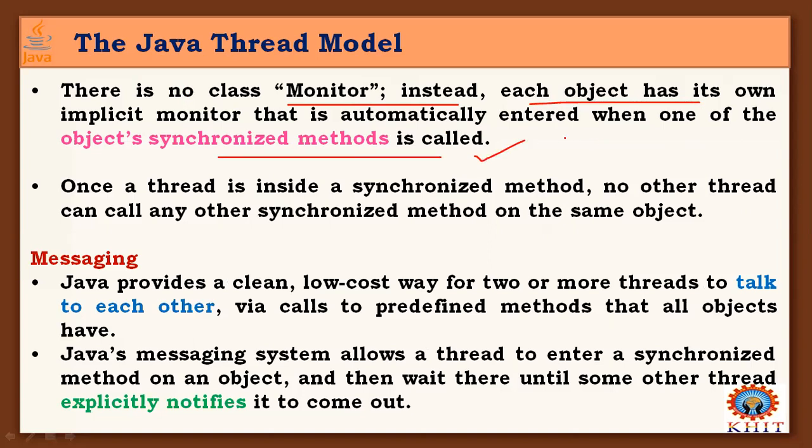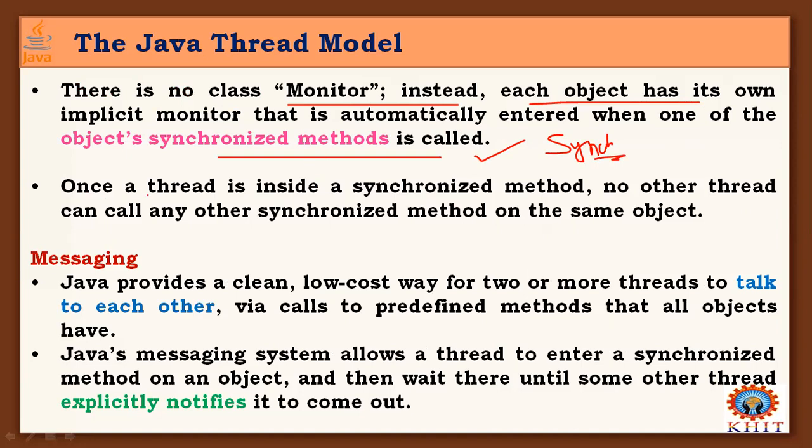In Java, we have a concept called synchronization, and we will study this process. We don't need any special monitor class in Java for getting synchronization among the multiple threads of a program, right?